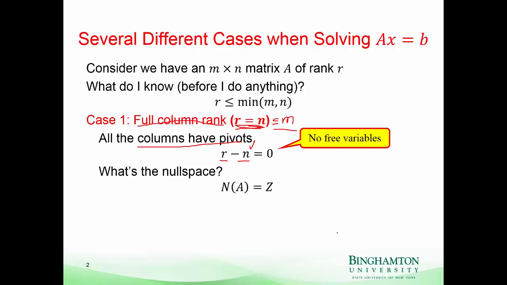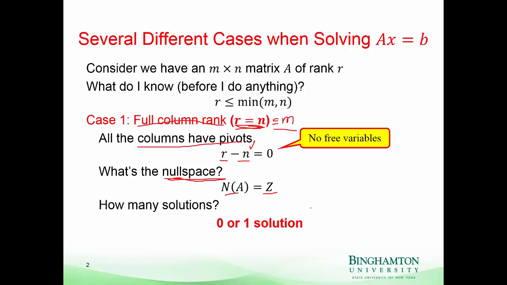And since all of the columns are linearly independent, the only way we can combine those columns to give us 0, and that's what we are poking at with null space. How do we combine the columns to give us a 0 vector? Well, the only way to combine linearly independent columns, which is what we have here, and get the 0 vector, is to weight them all by 0.